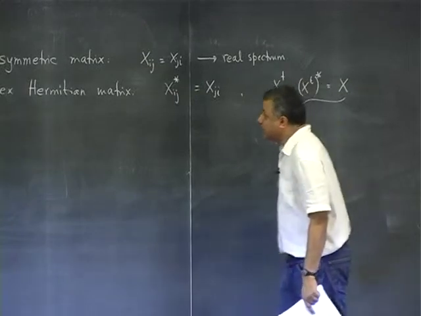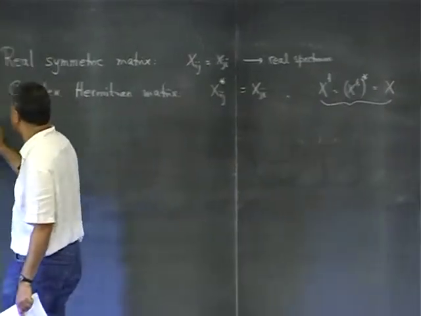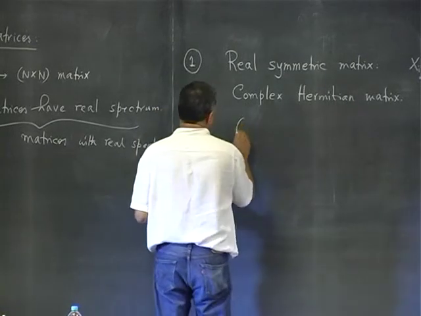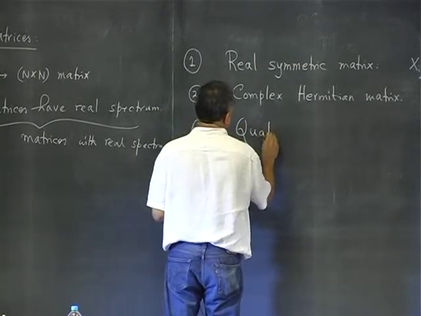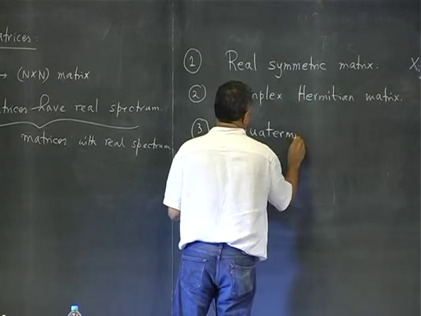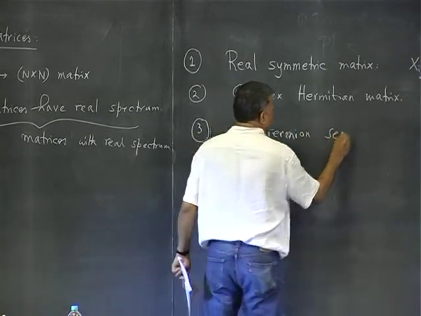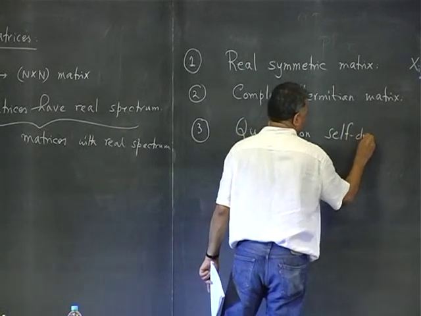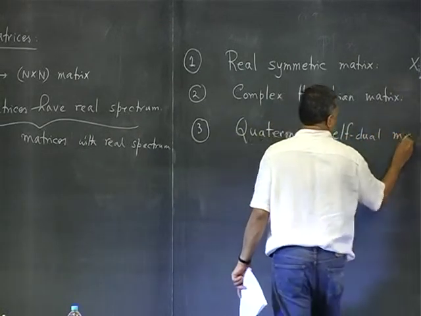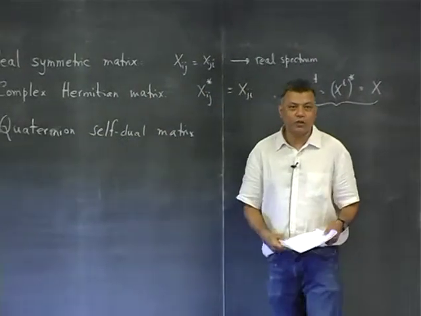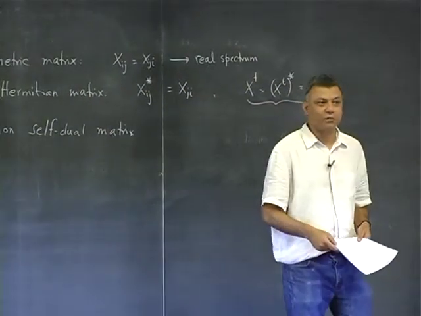There is yet a third class which is not so well known, which is called the quaternion self-dual matrices. How many of you have heard of quaternions?